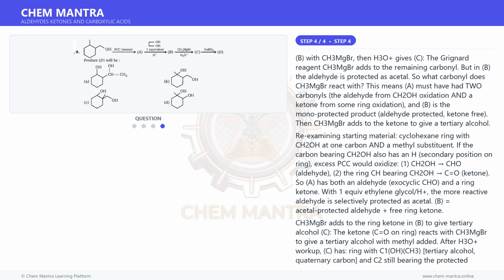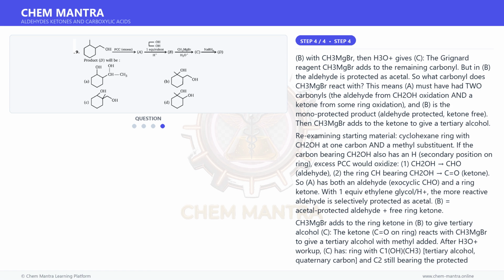Why do the other options fail? A shows an open chain CH or CH3 side chain, which would require different chemistry. C and D show 1-hydroxymethyl cyclohexanol without the methyl group on the quaternary carbon. Option B correctly shows the methyl group on the same carbon as OH and CH2OH, consistent with the original ring methyl.